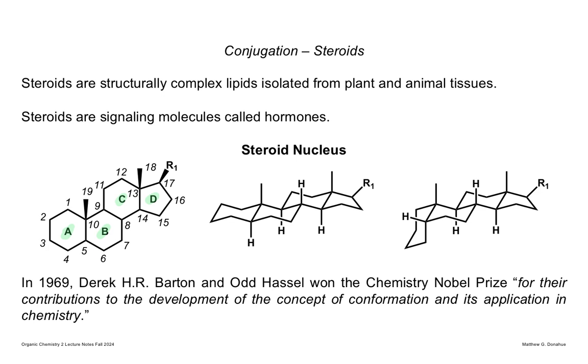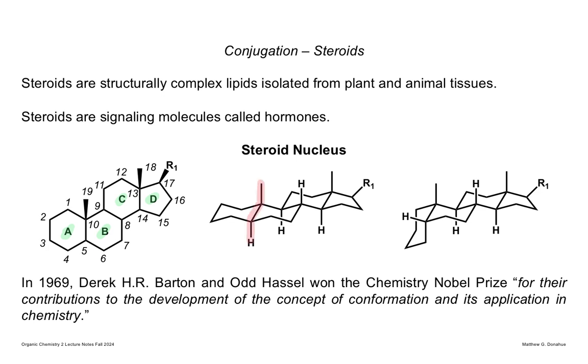And if you take that flat structure, if you convert it into chairs, really what you'll find is that the A and B rings can either have this bridge junction here.